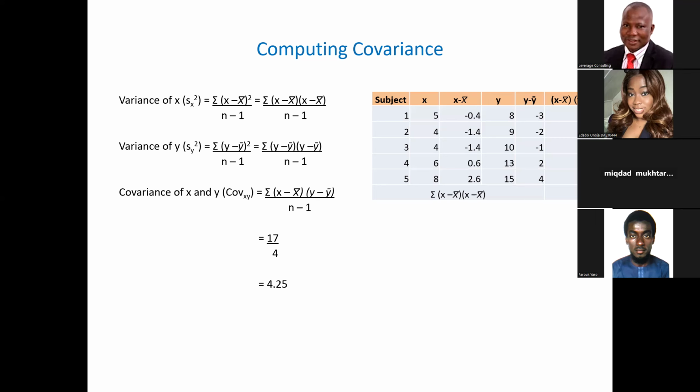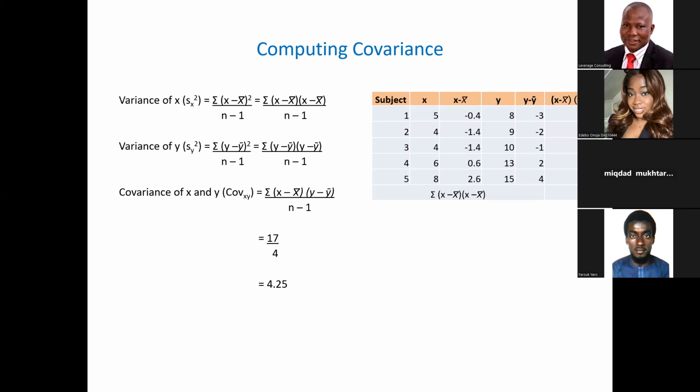So for that first one, what is the variance? Even though I didn't calculate it, that's just the formula. That's how we're going to calculate the variance. When we say sigma x minus x bar squared, you can split this into 2 and say sigma x minus x bar into x minus x bar, because it's squared.